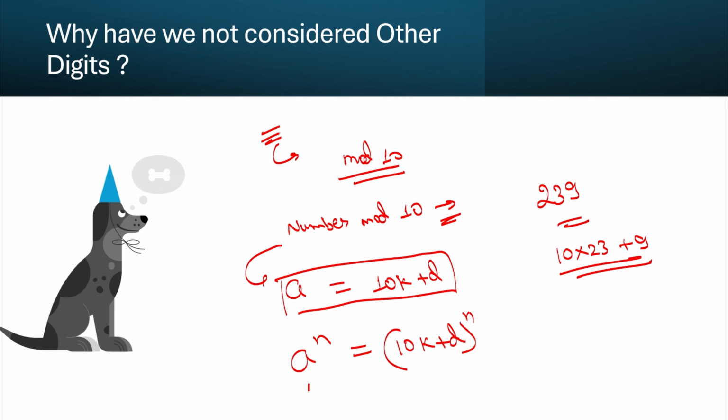For our understanding, let n be equal to 2. So a raised to the power 2 equals 10k plus d raised to the power 2. When we expand this, it gives 100k square plus 20kd plus d square.